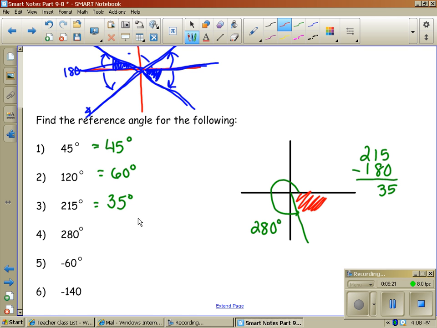Any reference angle is less than 90. So if this is 280, all the way around is 360. So 360 minus 280. So this angle here measures 80 degrees.